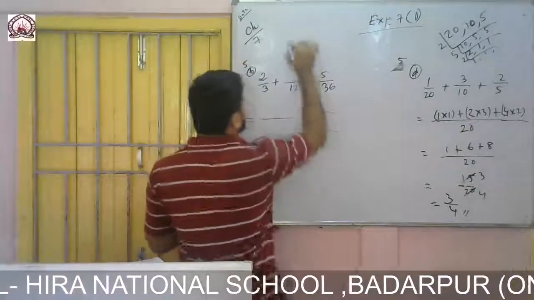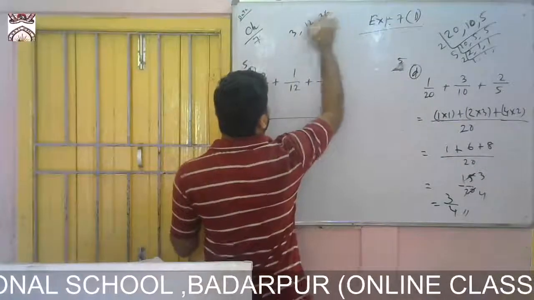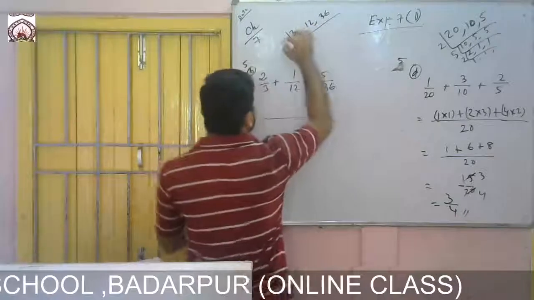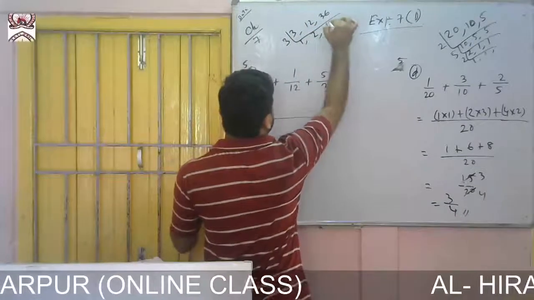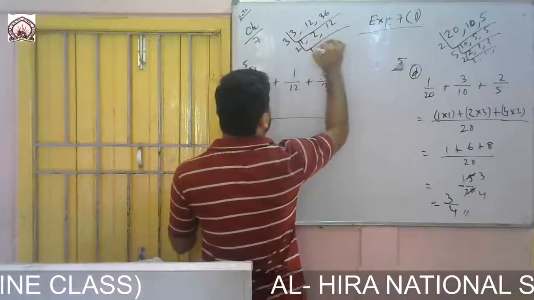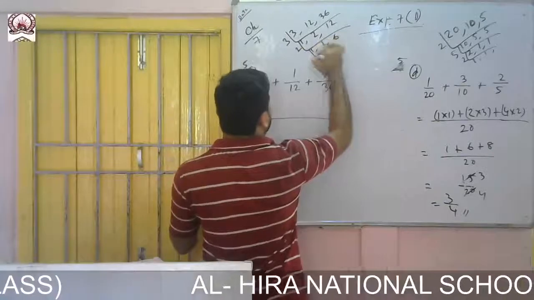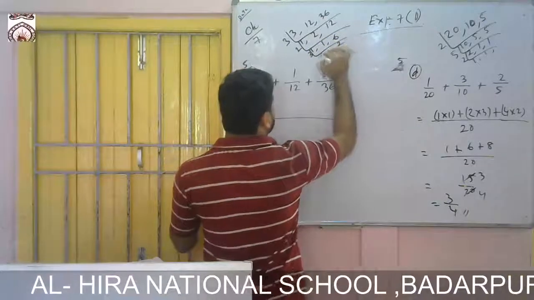3, 12, 36. So with 3: 3 1 jar 3, 3 2 jar 6, 3 1 jar 3, 3 2 jar 6. And with 2: 2 1 remain, 2 1 jar 2, 2 6 jar 12. With 3: 1 1, 3 2 jar 6.